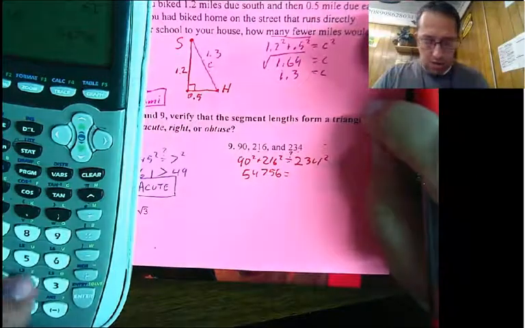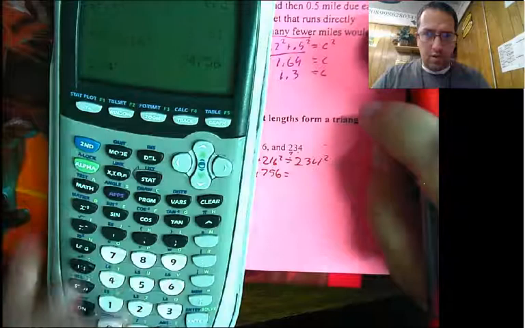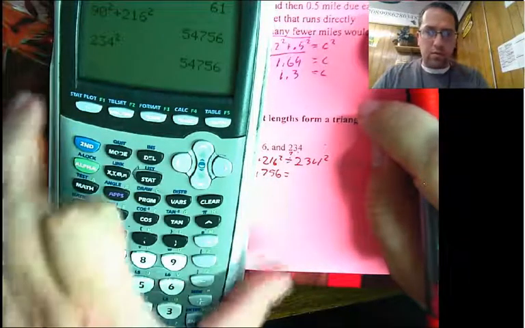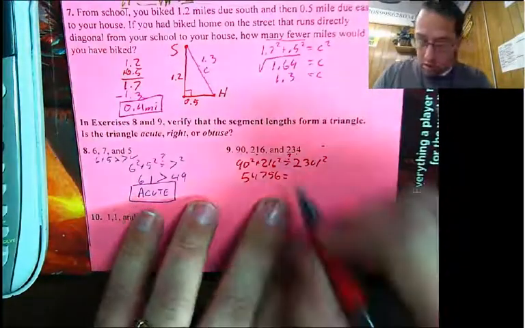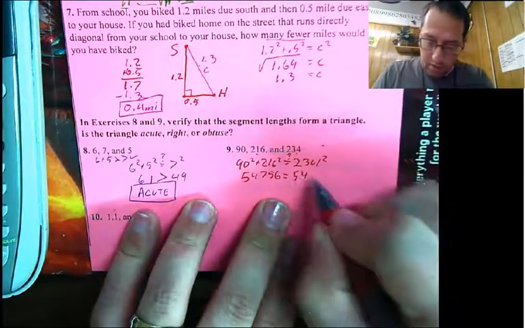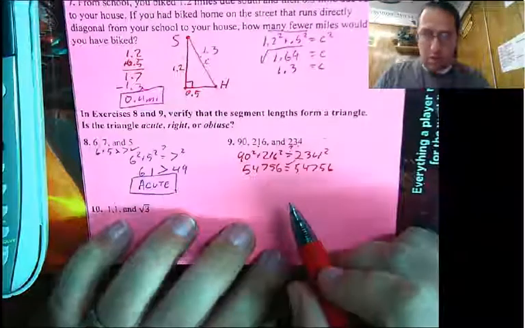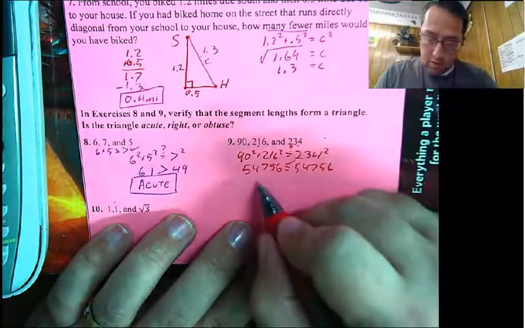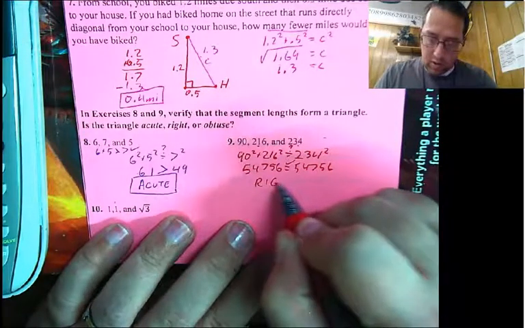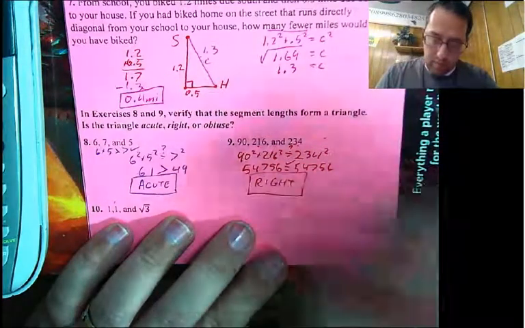And let's check the other one, 234 squared, which is 54,756. Hey, it does equal. Oh, it does equal. All right. So that checks out. So what is this? Well, it works. A squared plus B squared equals C squared. So this must be a right triangle. This is a right triangle.